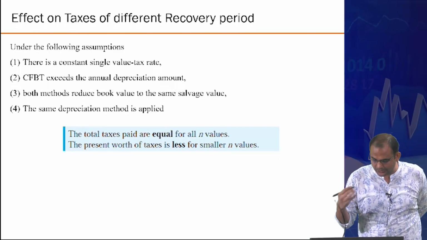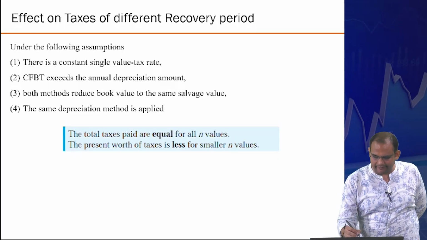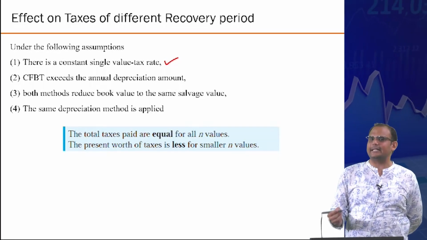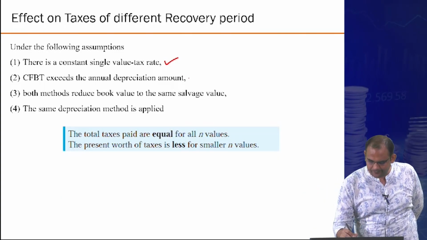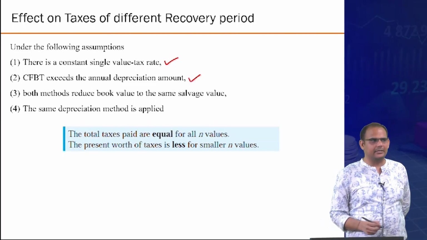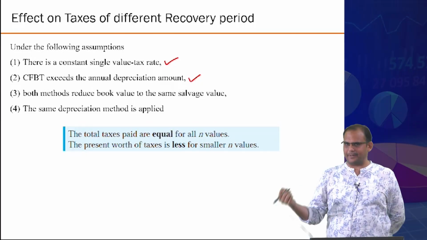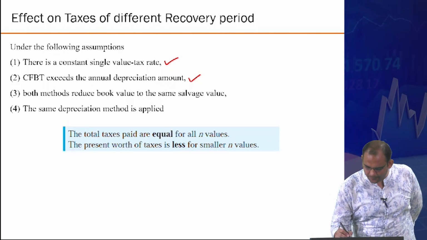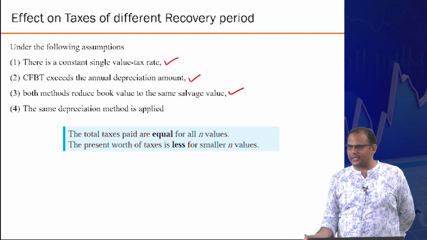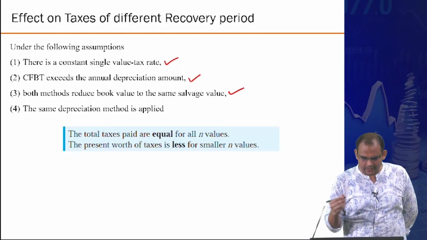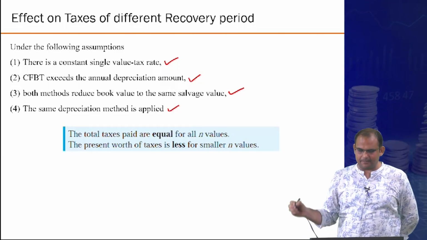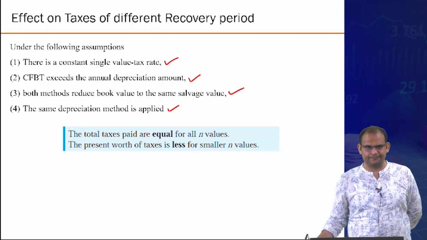You can also use this rule of thumb. Whenever there is a constant single tax rate system, like you are using a uniform tax rate, your cash flow before tax is more than the depreciation amount. Both methods that you are using are reducing the book value to the same salvage value, and the same depreciation method is being applied.